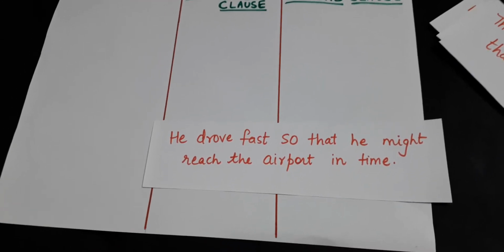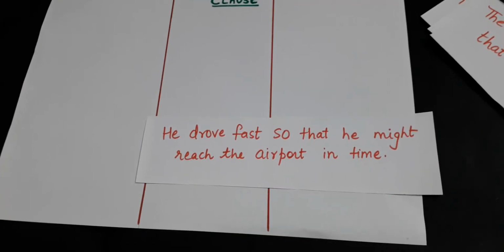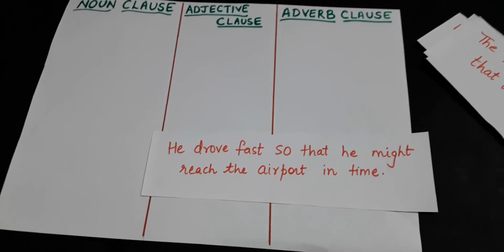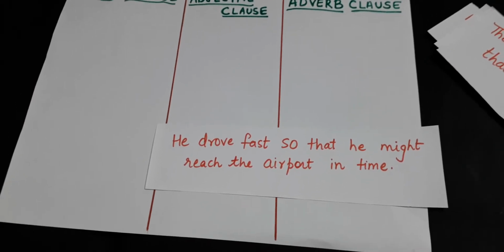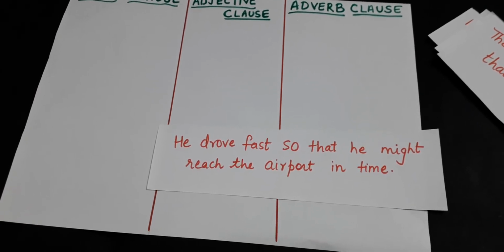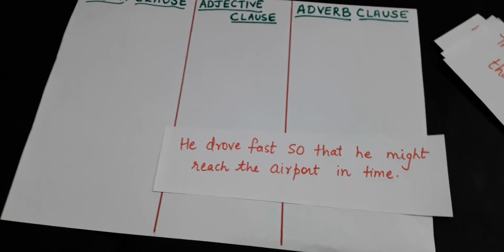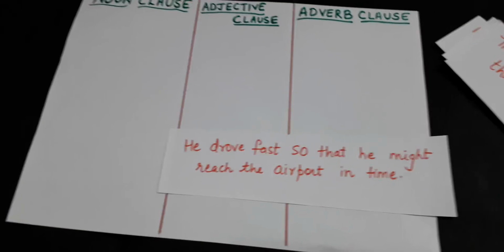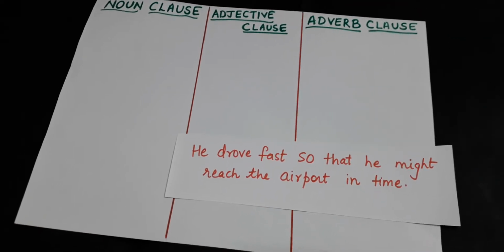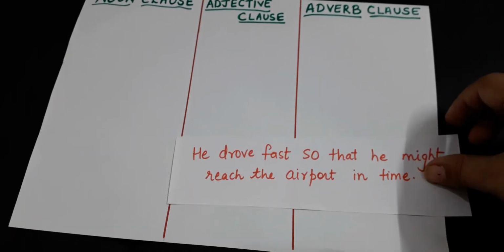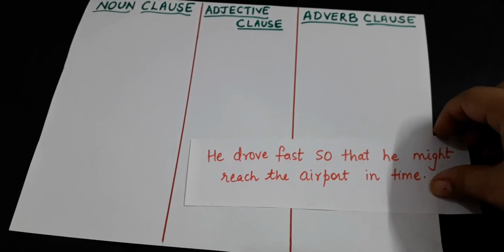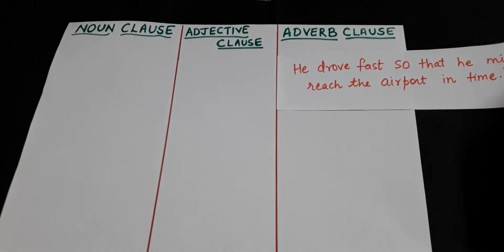Here, why was he driving fast? So that he may reach the airport in time. So this is an adverb clause of purpose. We are going to write this sentence in the column of adverb clause.